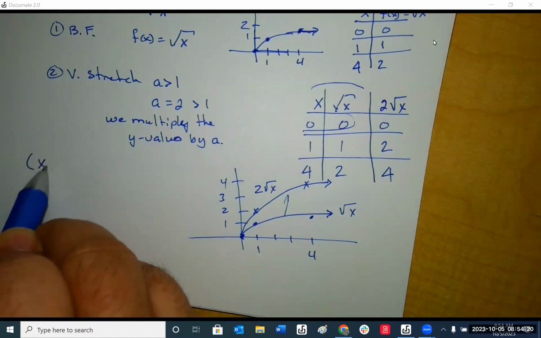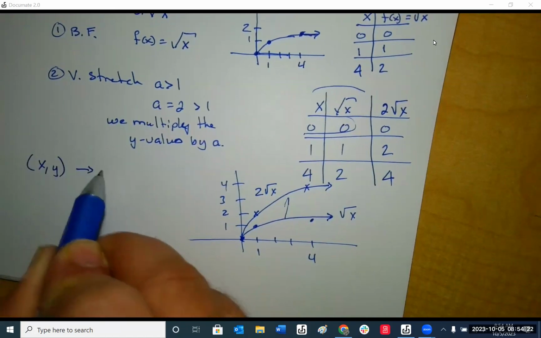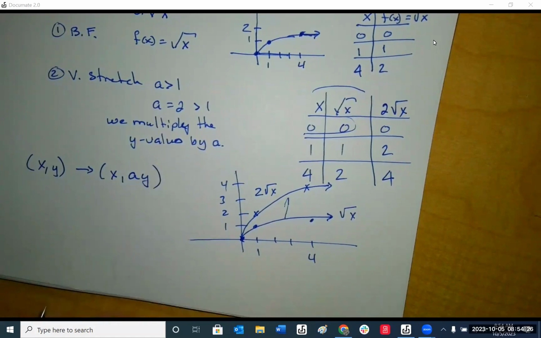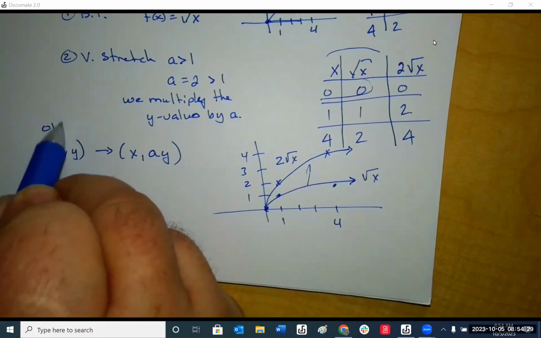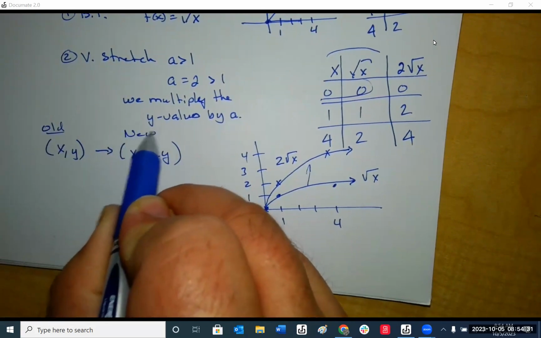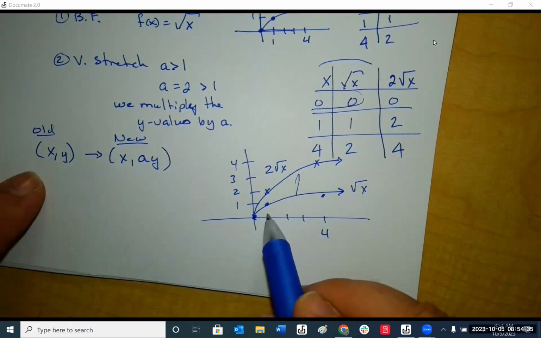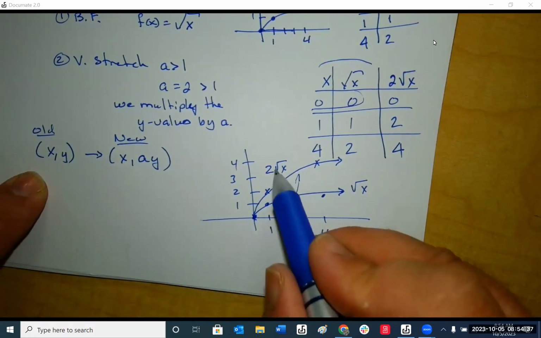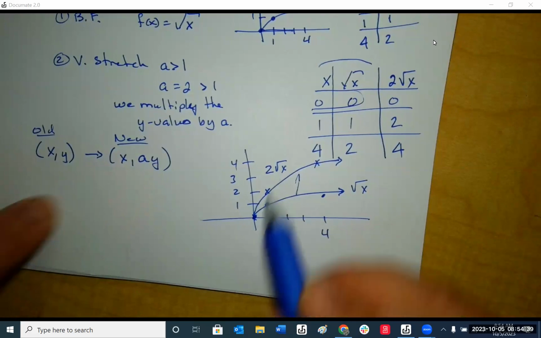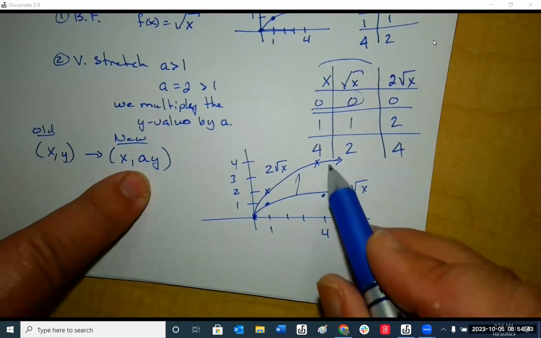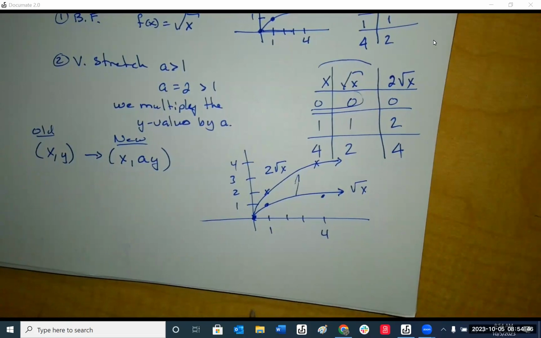So you see how these are your old points. These are your new points. 1, 1 then became 1, 2. 4, 2 became 4, 4 because I multiplied by 2.